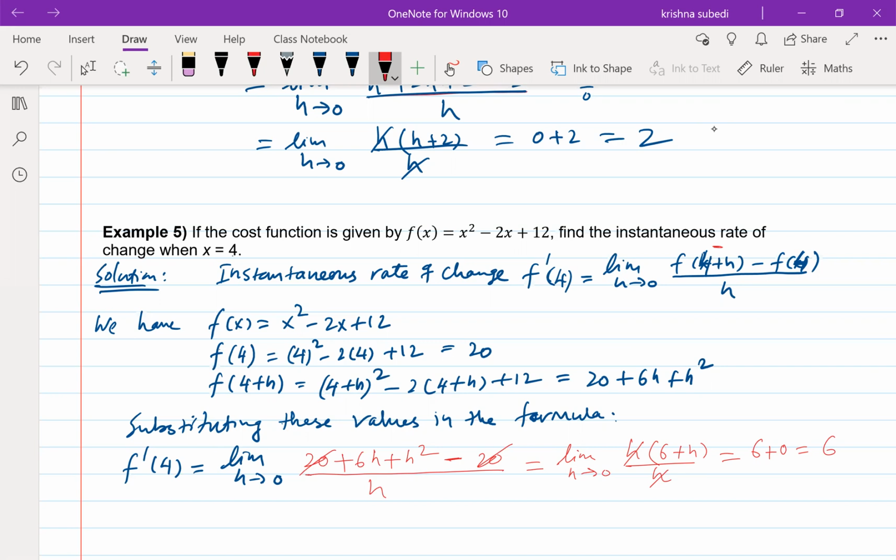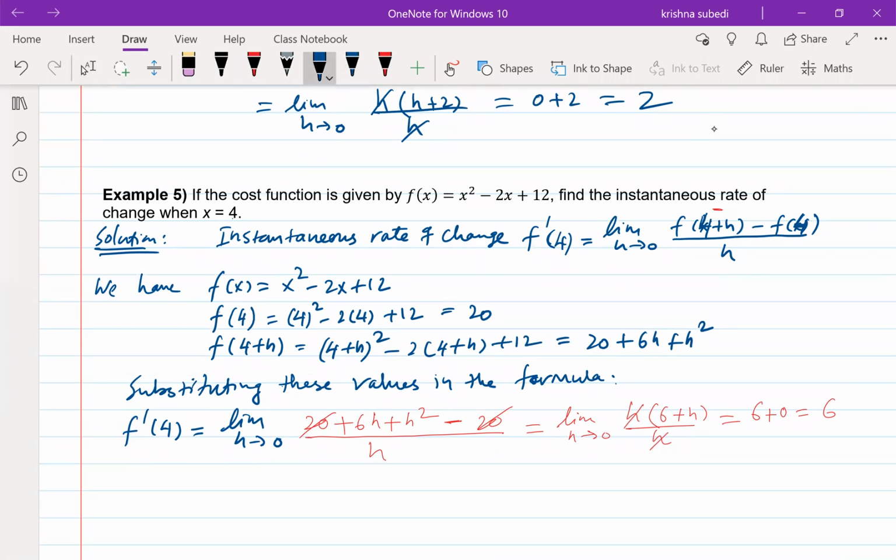Okay, so the instantaneous rate of change for this function when x equals 4 is this. In other words, this is the slope of the tangent line to the curve f of x at x equals 4. Okay, this is our method 1.